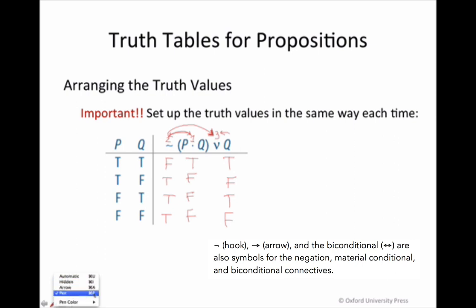And now we're in a position to make the determination based on the values that we've calculated or determined and the truth definitions for the disjunction. And we know that a disjunction is false in one and only one case, right?